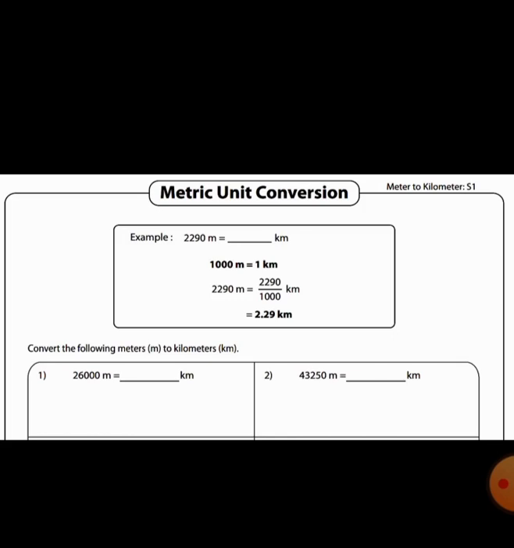So the answer would be 43,250 meters is equal to 43.25 kilometers. Remember, the 0 at the end does not matter once the decimal is placed there. Okay, students?